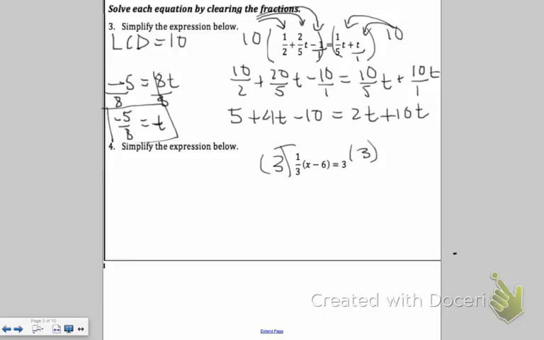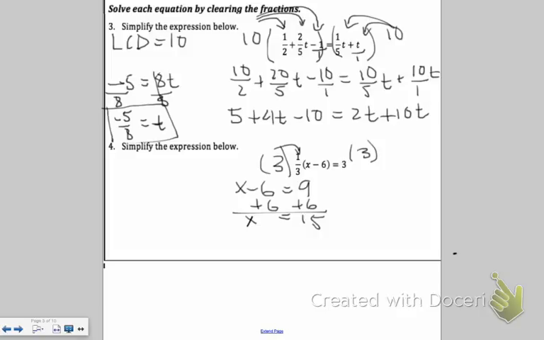So we would have 3 times 1/3, which is 1, and 1 times x minus 6 is just x minus 6. And we have 3 times 3 on the right, which is 9. That's just a different way of solving it. So x is still equal to 15.